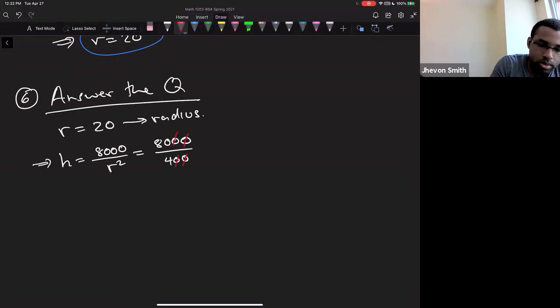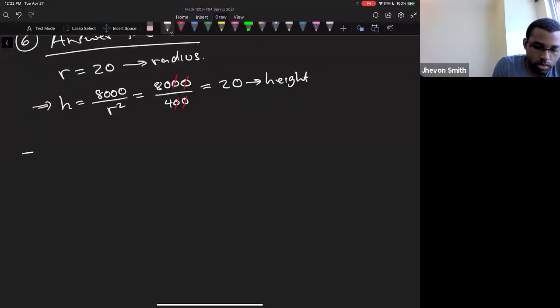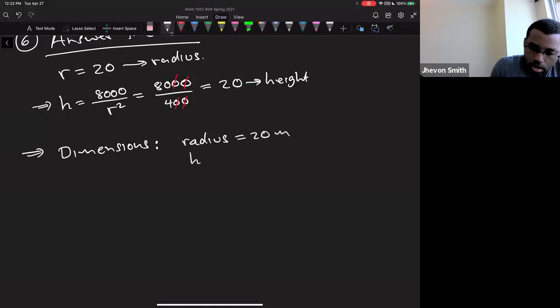That's going to be like 80 over 4. So that's going to be also 20. That's the height. So your dimensions would be radius is 20. And height is 20.